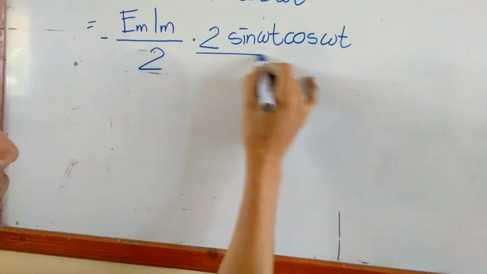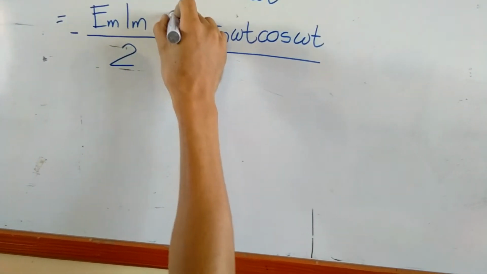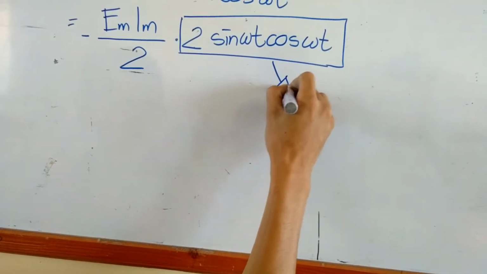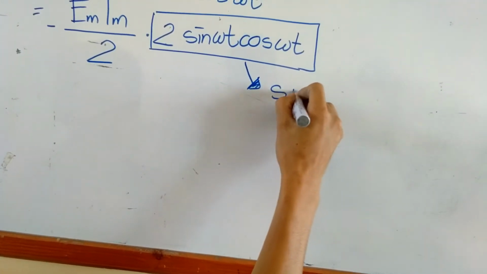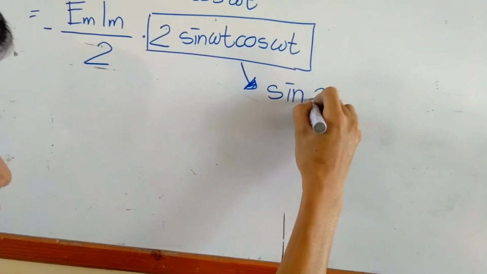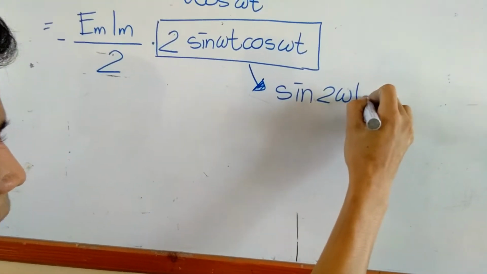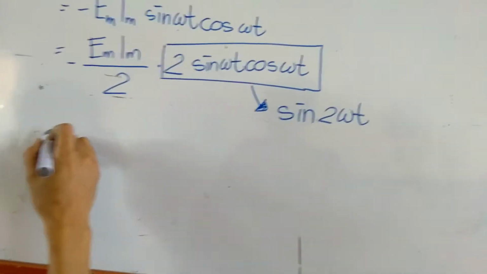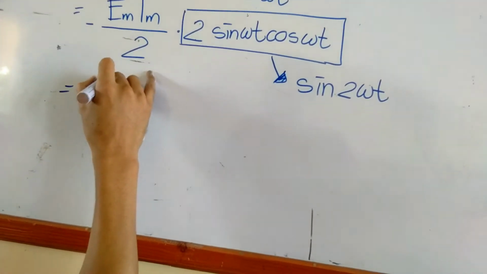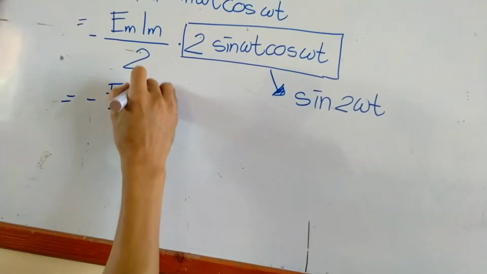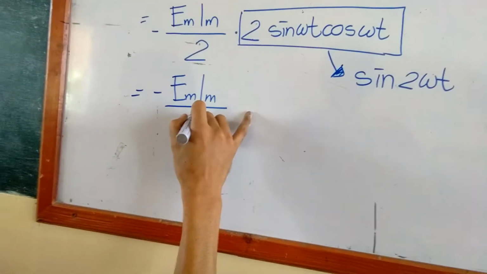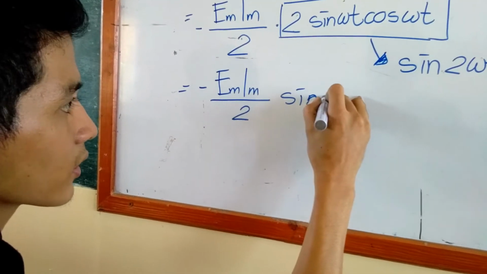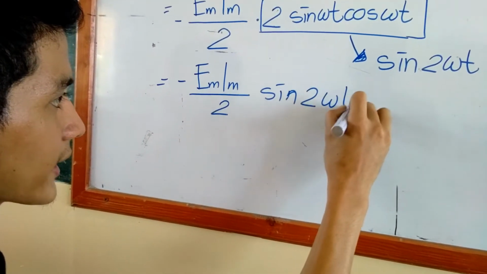There is also another substitution that we can do. This is equal to sine 2 omega t. So, bringing back the equation, we will have negative E_M I_M over 2 sine 2 omega t.